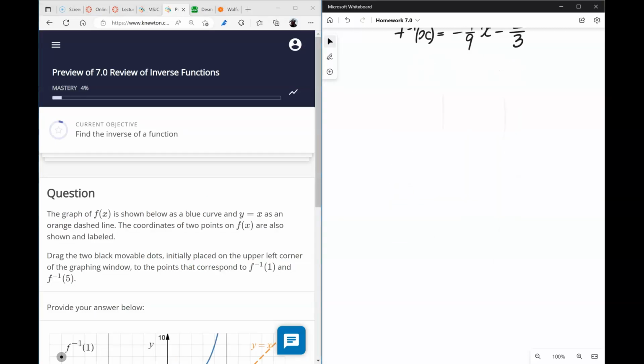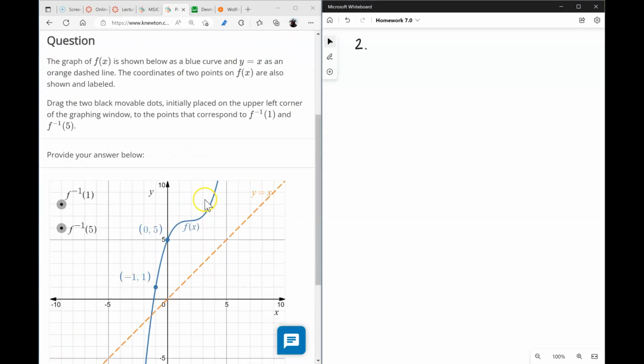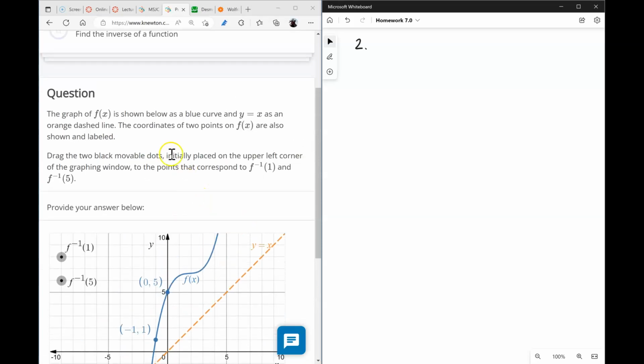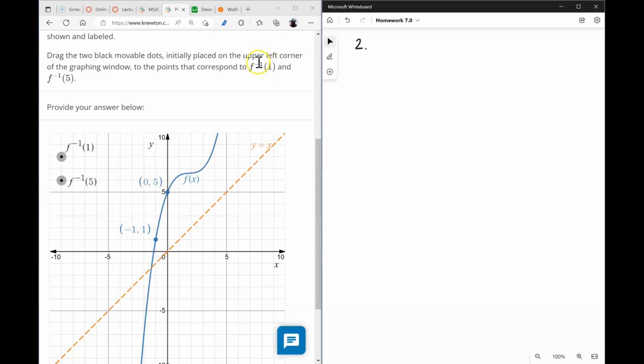All right, problem number 2. We have to drag the two black movable dots initially placed on the upper left corner on the graph window to the point that corresponds to f inverse of 1.